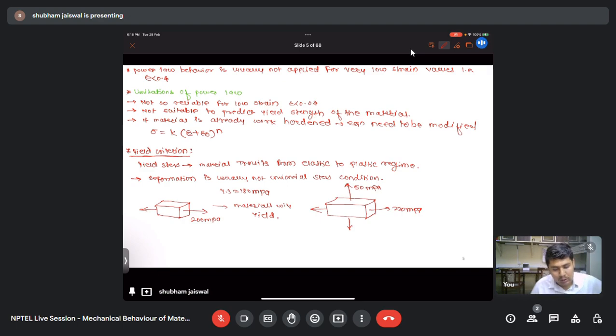So let's find out. So let me draw the Mohr circle. So if it is uniaxial, and this is biaxial, okay.